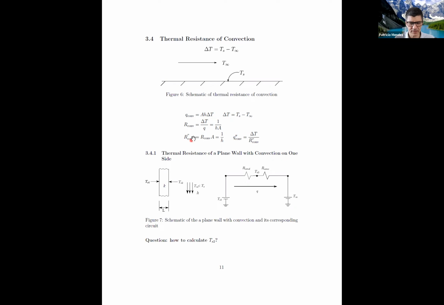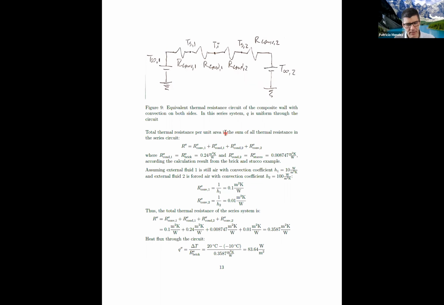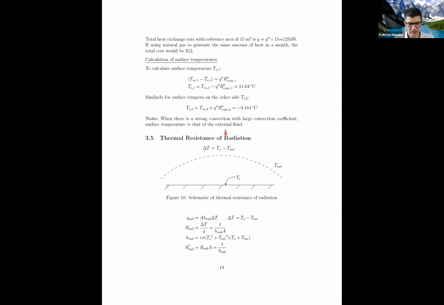And the resistance of convection per unit area is 1 over h. Now we can calculate walls that have not only multiple layers of solid material, but also convection inside and out. And we did the calculation and we learned interesting things.